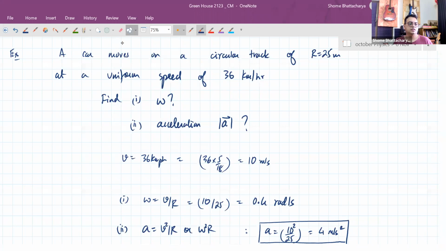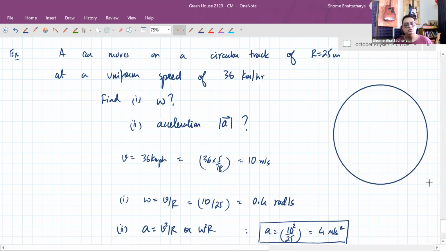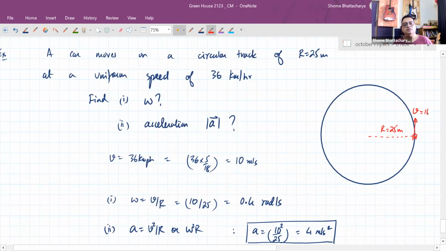So basically, as this situation unfolds, the car is on a circular track of radius 25 meters, going at a uniform speed of 10 meters per second. So uniform circular motion.